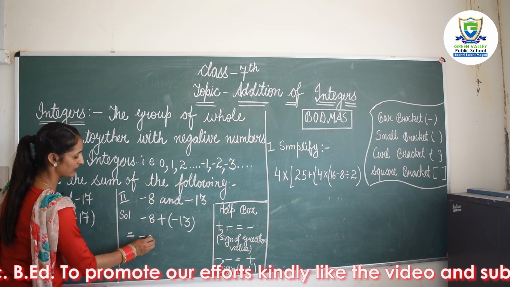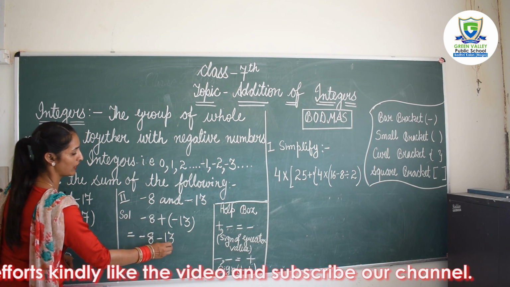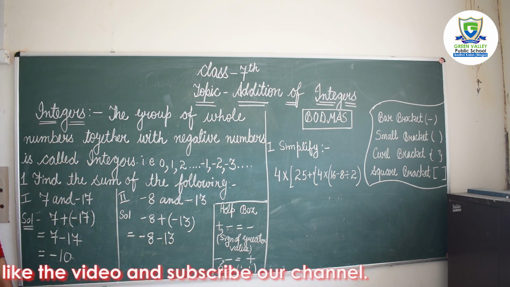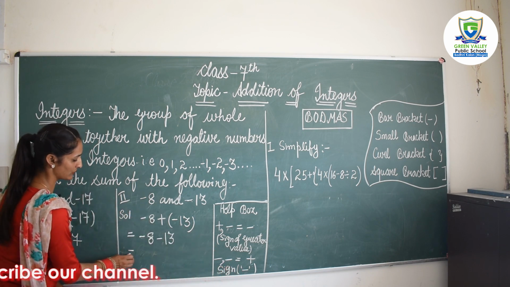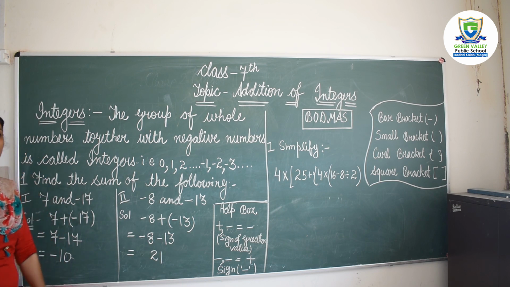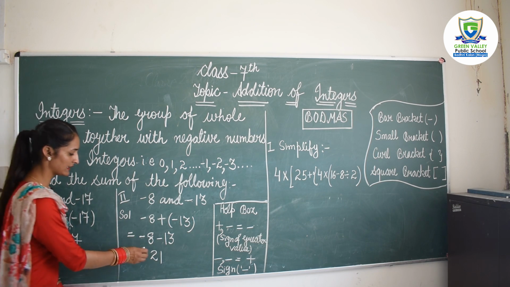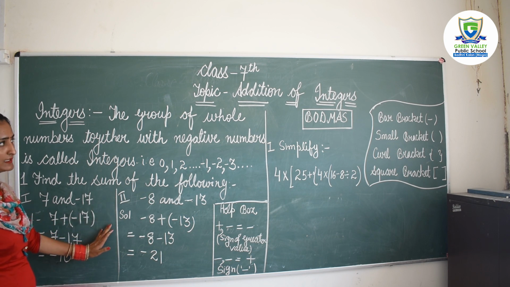The first will remain same, plus minus becomes minus. Now you get two numbers with negative signs, so minus minus is plus. So do addition of these two numbers, and the sign which will come before your answer is always negative. So this is the addition of integers.